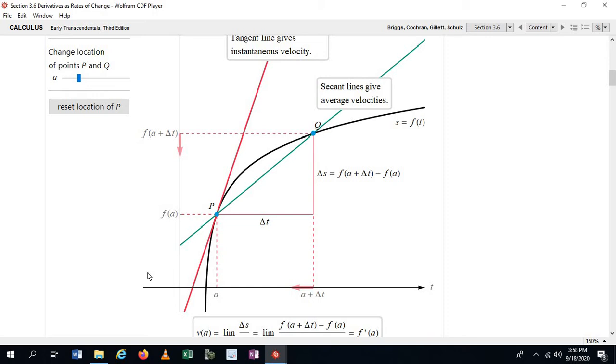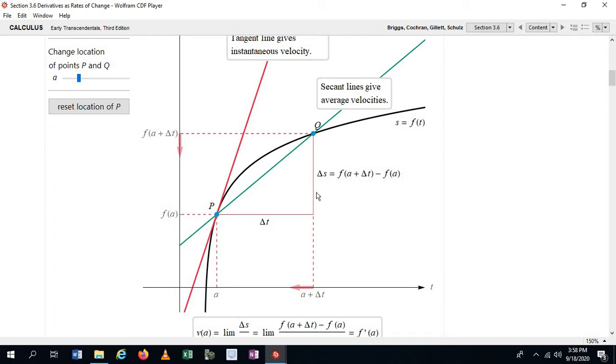And of course, the slope of the line between these two points is simply the rise over the run. The rise of the line would be the distance between these two y values, in other words, f evaluated at a plus delta t minus f evaluated at a, which is the displacement of the object during this time period. So that's just delta s.